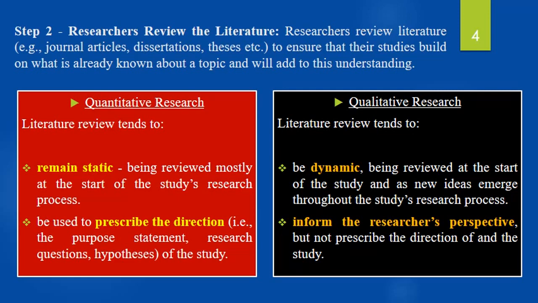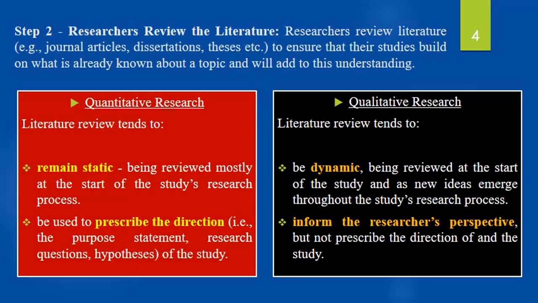This plays an important role in quantitative studies in two ways. Number one, researchers use it to justify the importance for the research problem and to suggest the specific direction for the purpose and research questions for the study.